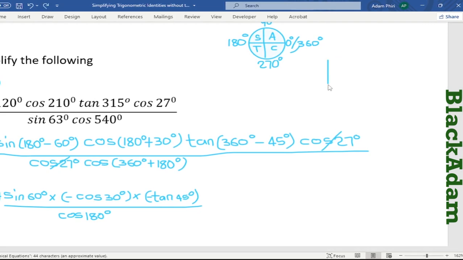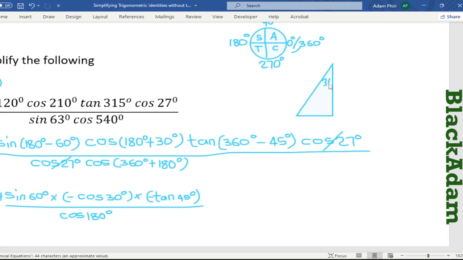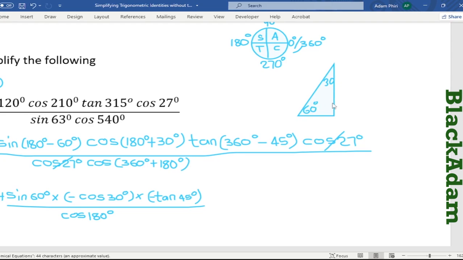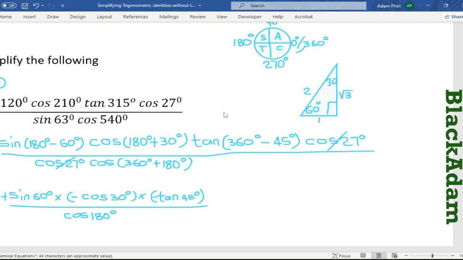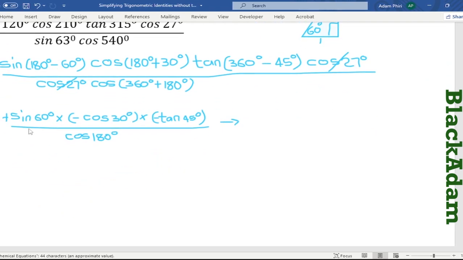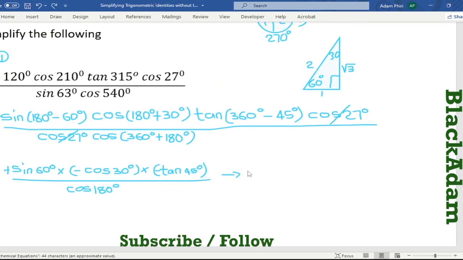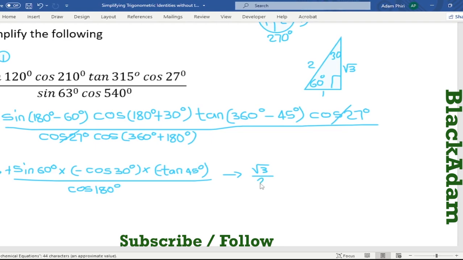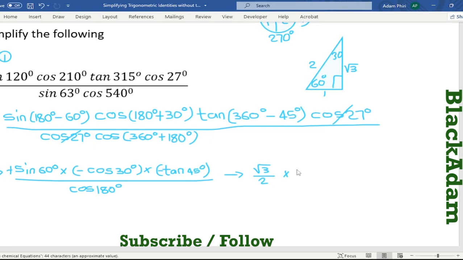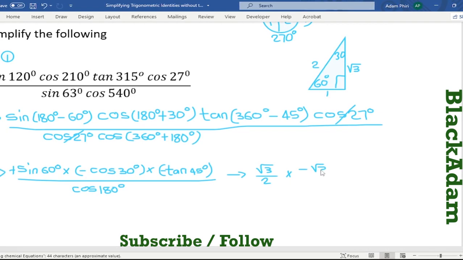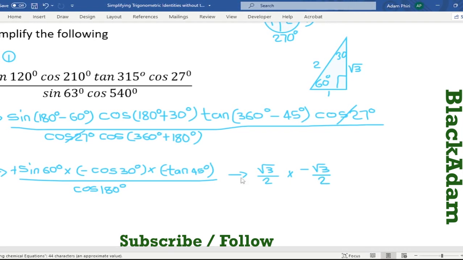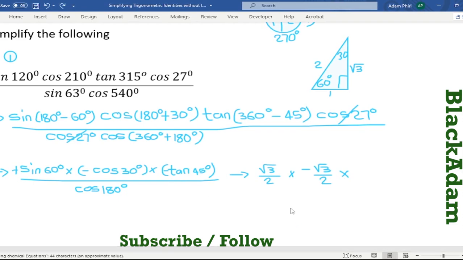So let's draw the special angle there. We have special angle, we have 30 degrees, we have 60 degrees, and then we have the right angle there, we have 2, 1 and root 3. So looking at the functions there, we have root 3 over 2 for sine 60 degrees, and then we have negative root 3 over 2 for cos 30 degrees.